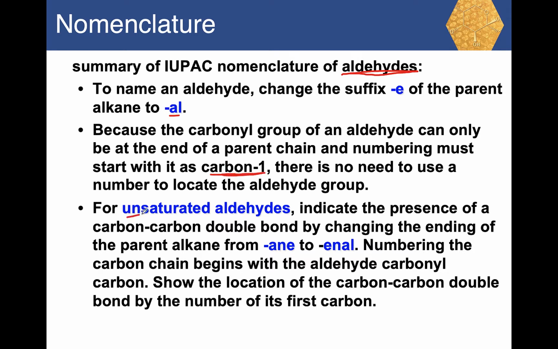If there is an unsaturation or a carbon-carbon double bond present, it goes from "an" to "en", so it becomes an alkenal, a hexenal, or propenal, etc. Make sure you write the E carefully. Take your time to write that E so that the graders can see that it's an E and not an A, because an E represents a carbon-carbon double bond, and an A would represent saturation, or no double bonds present.